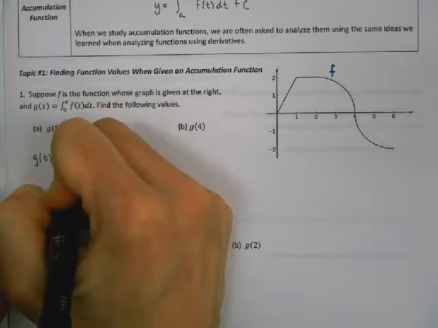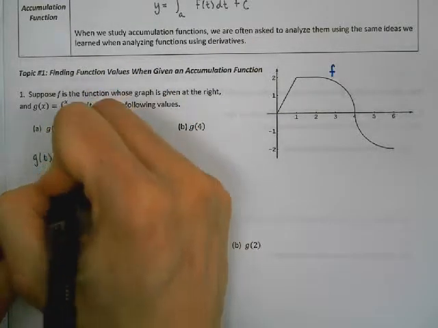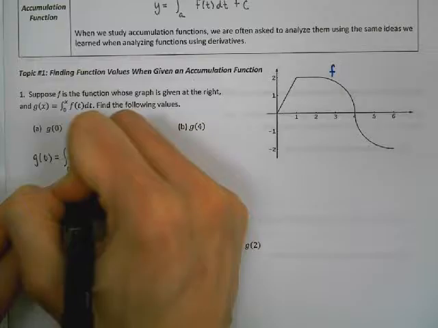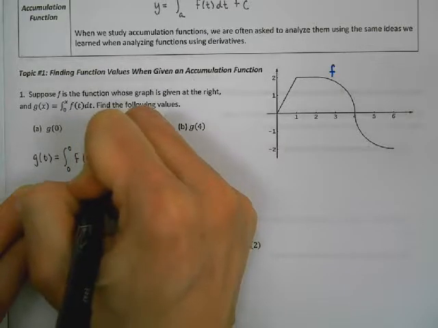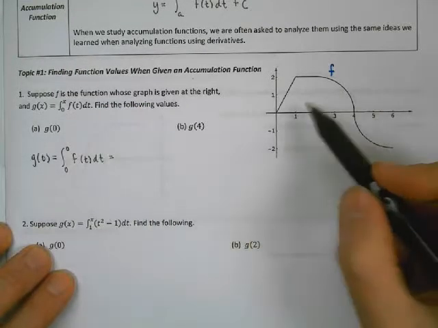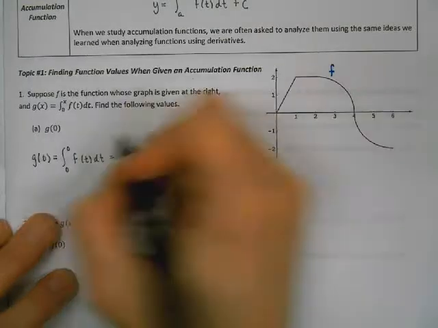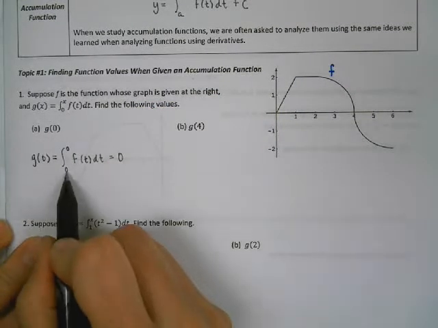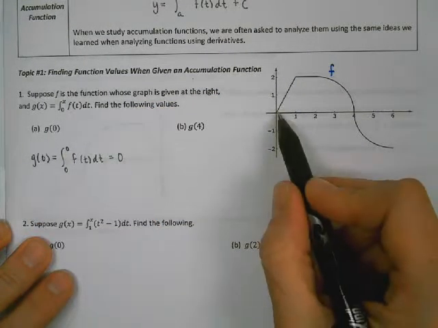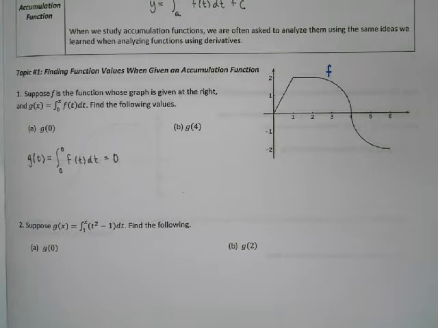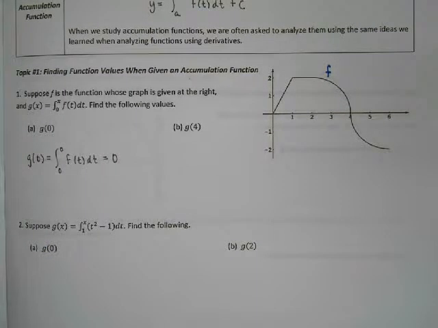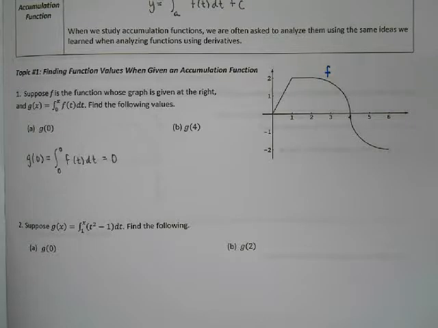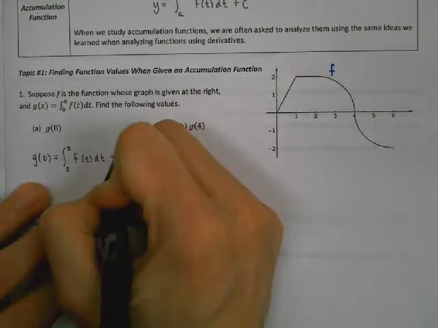The integral from 0, now our x is 0, of f of t dt. So it actually turns out that that value is going to be 0, but it's because this integral from 0 to 0, I haven't accumulated any area within that interval. So that's why the value is 0.